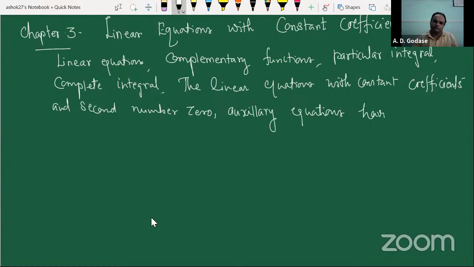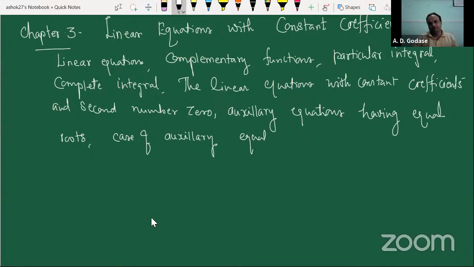Then you'll see the case of auxiliary equations having imaginary roots.